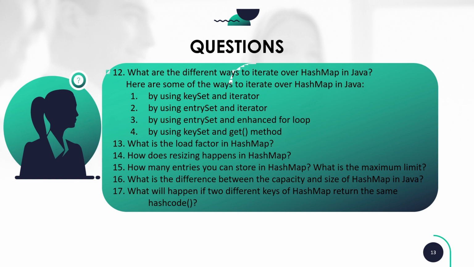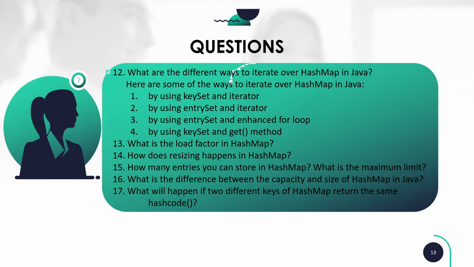So what happens in resizing? It involves the copying of array. Suppose initially you had a bucket size of 16, it will get doubled. That means it will move to 32. So the bucket size will be 32 and the old entries that were already present in the hash map are copied to the new bucket.